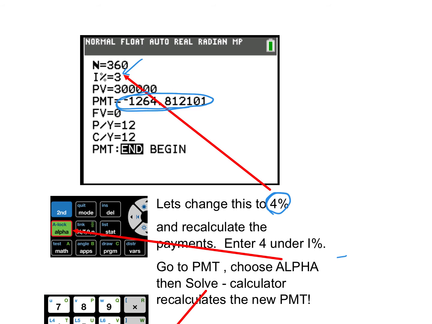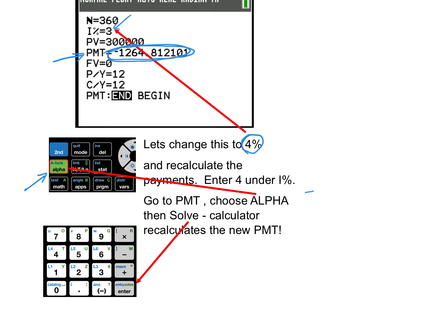If we want to figure out what these payments will change to, we have to go under payment, and you highlight payment. You get down there, so the cursor is blinking right on payment. And then you're going to choose alpha, and then near the bottom, right above the enter key, you see the little word solve right there. So we're going to hit alpha solve.